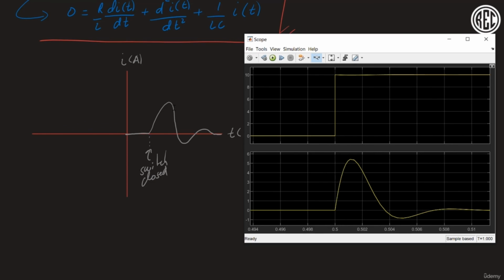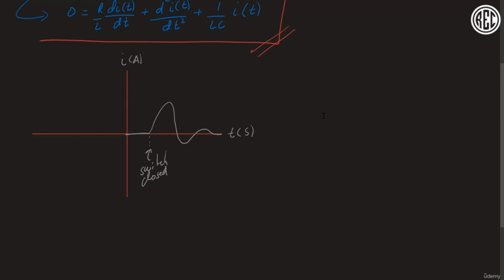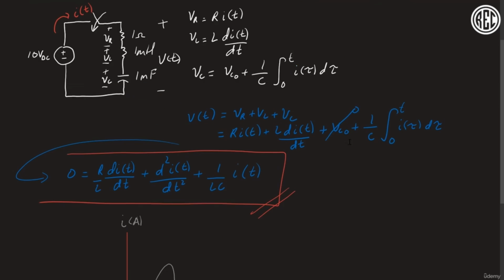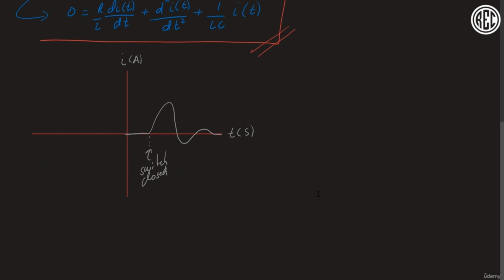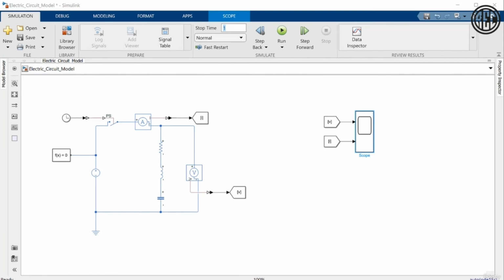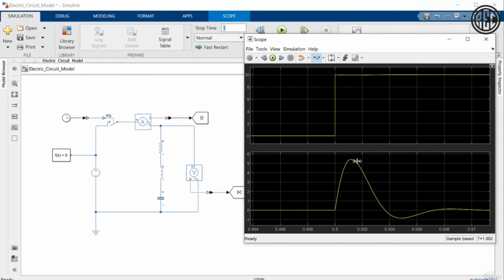And we can see that this matches the plot that we had over here on the left, which is what we were expecting based on our circuit, where we derived this second order differential equation, which tells us that the transient response of the current should look something like this. And we're confirming that over here in our simulation, as we can see for the current.